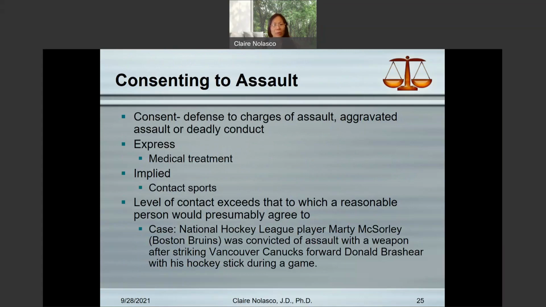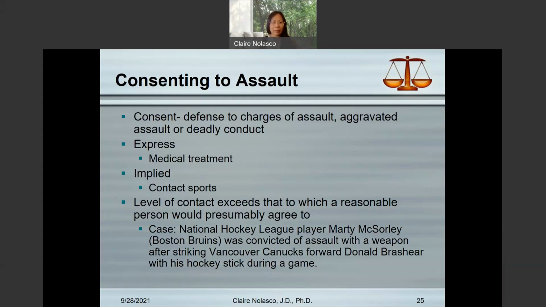Let's look at consent to assault. Consent is a defense to assault, okay? It is also a defense to aggravated assault and deadly conduct. How can consent be given? Through express consent, such as when you undergo medical surgery or medical treatment, you have to sign forms and waivers, or consent can be implied, such as when you engage in contact sports.